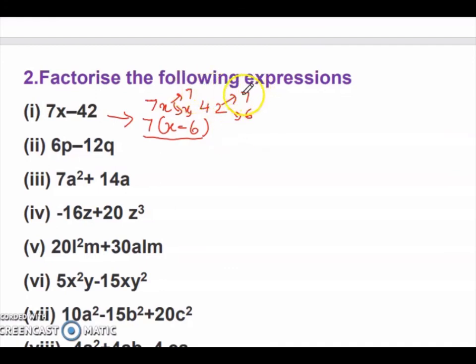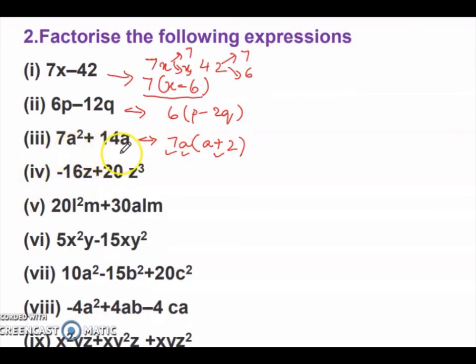So 7 is common and rest of the factors are x and 6. Because here it is minus sign, here also minus sign has come. So sum of the two terms has been expressed as a product of 2 factors. So factorization will always be done to make it into irreducible factors.